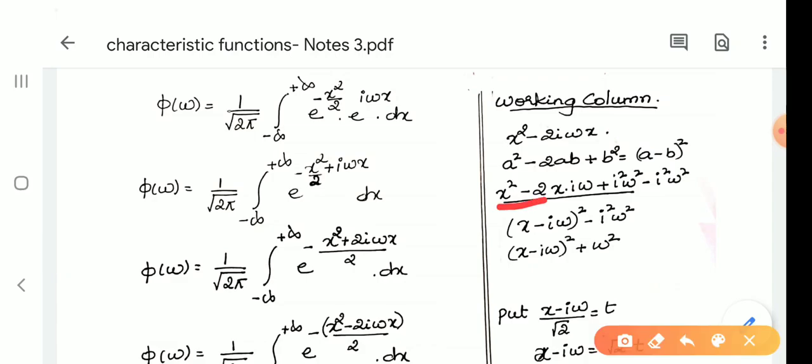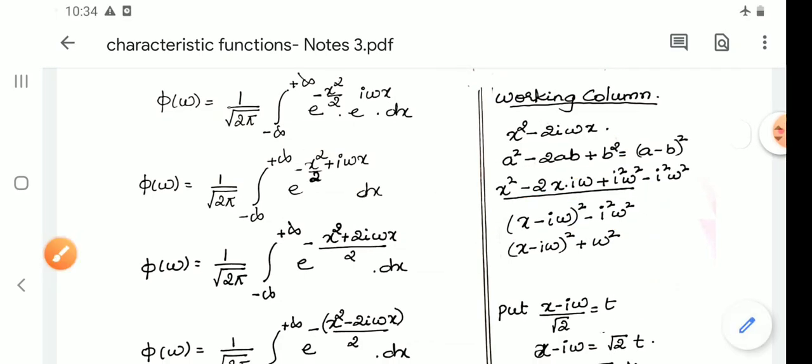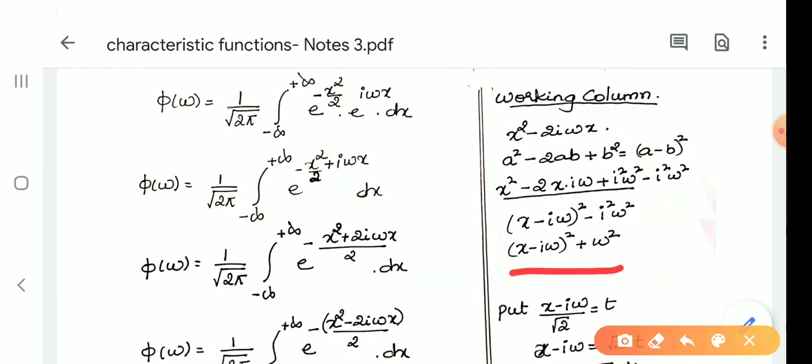Now if we consider the first three terms, it is in the form a square minus 2ab plus b square, which can be written as (a minus b) whole square, which is (x minus j omega) whole square, minus j square omega square. The value of j square is minus 1. Therefore, minus minus becomes plus, and finally we get (x minus j omega) whole square plus omega square.